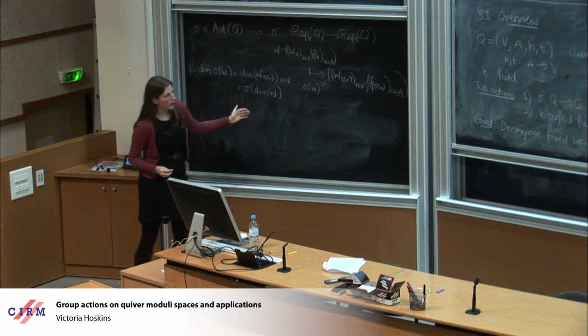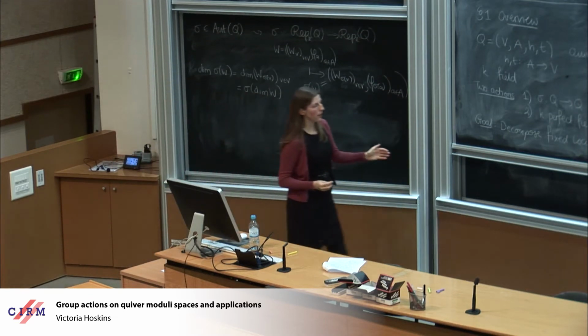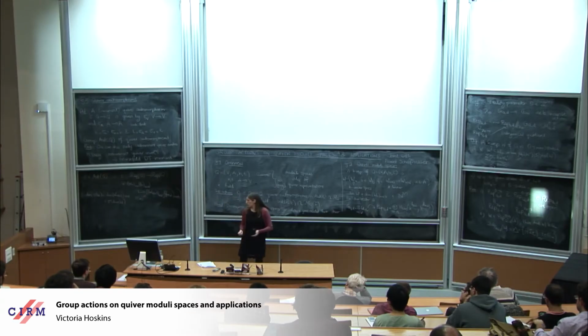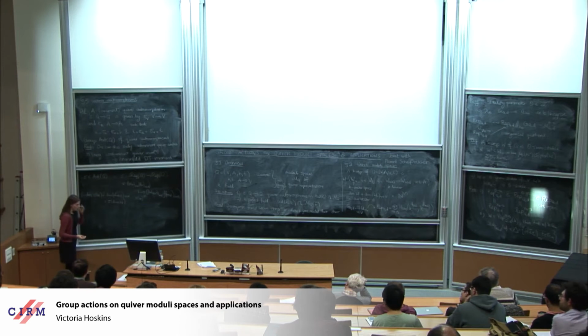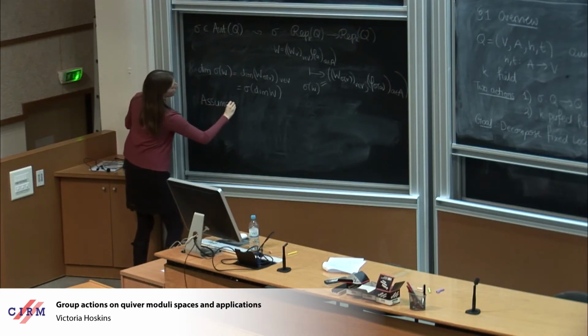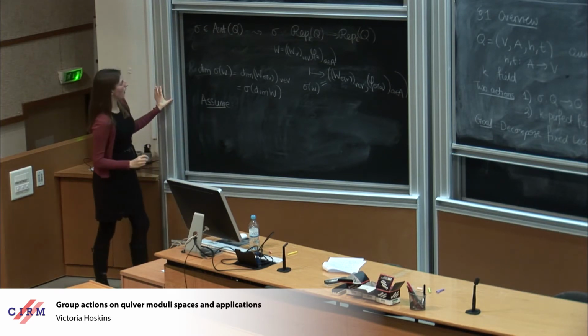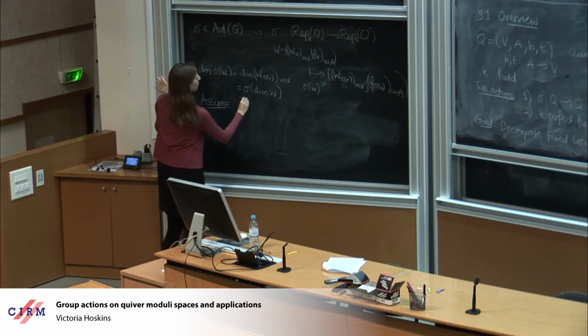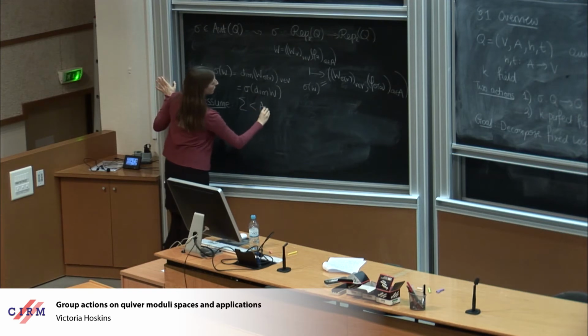And so if we want to get any sort of actions on our moduli spaces, it's pretty clear that we need to assume that sigma is respecting this dimension vector. So we now assume that we have a subgroup of Quiver automorphisms. This actually gives us greater flexibility.